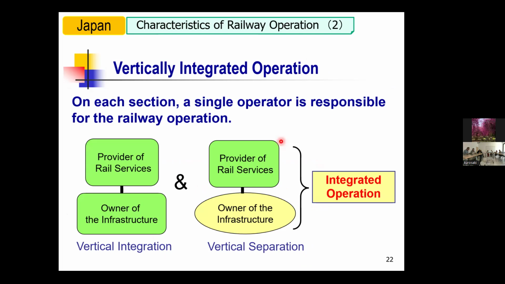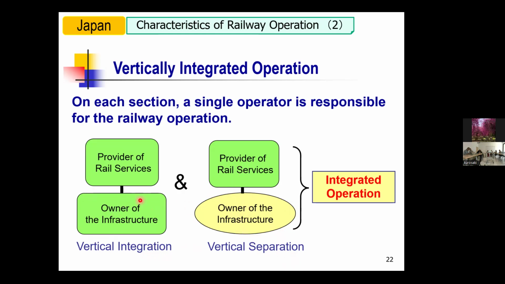In brief, in Japan, many lines are operated by vertically integrated structure. On the other hand, as I explained in the former two sections, there are some lines in which the infrastructure is owned by the public sector.